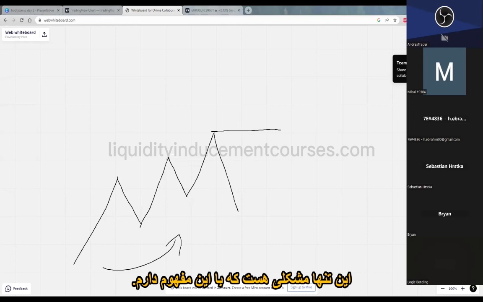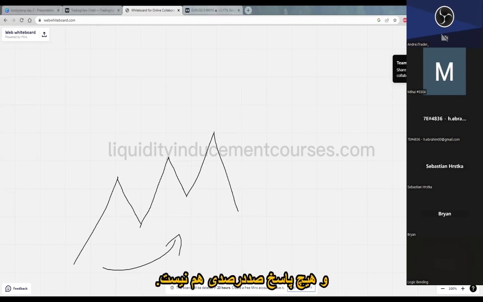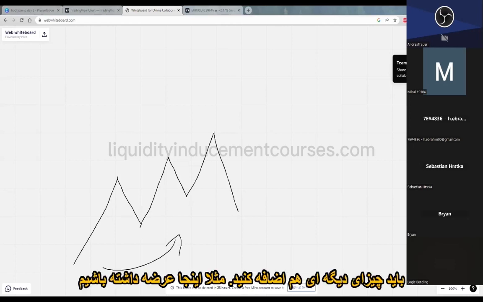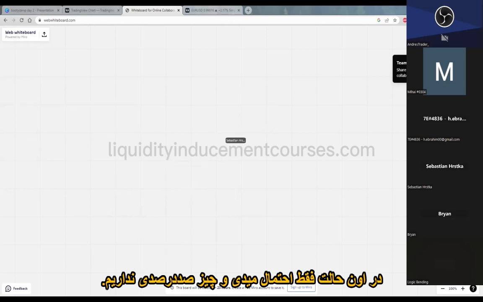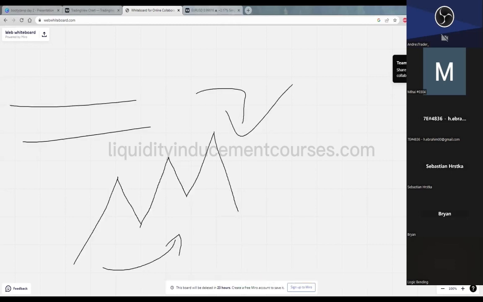That's the only problem I have with this concept, and there's no 100% way to know. No, it's not 50-50. You will add more confluences. For example, if you have supply, you just anticipate, but it's not 100%. As simple as that.